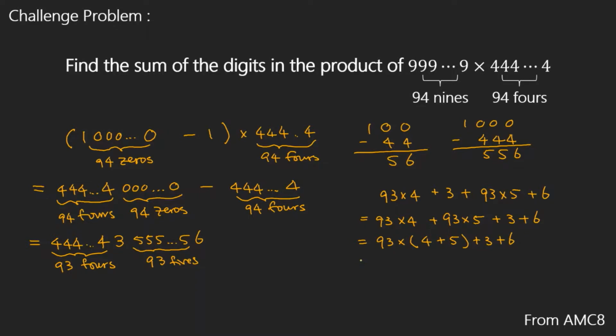So this essentially is 93 times 9, plus 6 plus 3 is 9. So we have 93 times 9 plus another 9. So this is 94 nines. And then if you solve that, the product is 684. The final answer is 846.